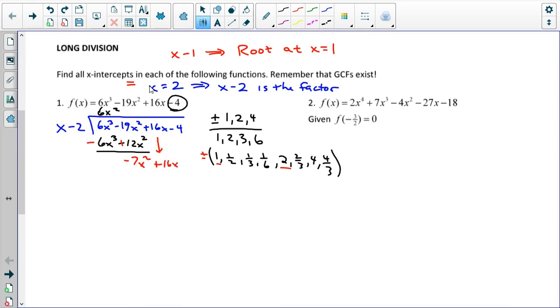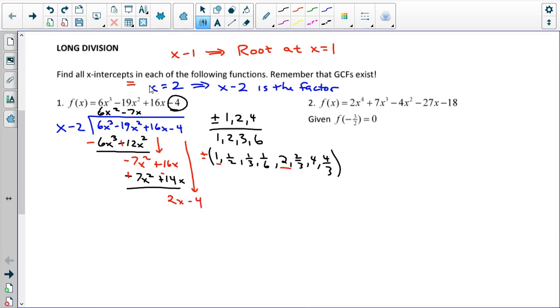The number that multiplies by x to give me negative 7x squared is going to be minus 7x. So minus 7x times x gives me negative 7x squared. Negative 7x times negative 2 gives me positive 14x. I then will change the signs, and 16x minus 14x gives me 2x. Then I will pull down the minus 4.